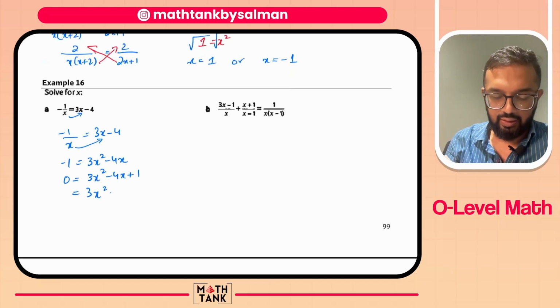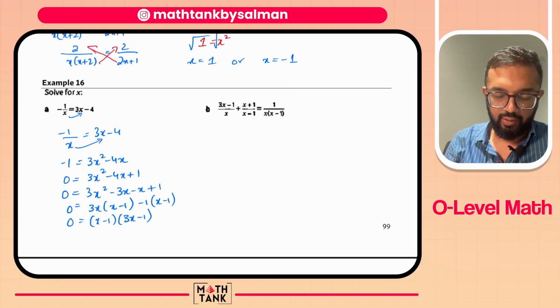I can very clearly see that the two factors are minus 3 and minus 1. So factor out: x minus 1 and 3x minus 1. So either x minus 1 equals 0 or 3x minus 1 equals 0. x equals 1 and x equals 1 over 3.